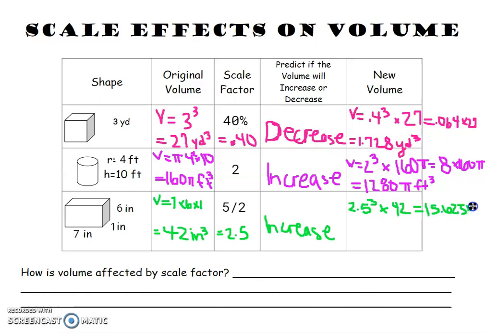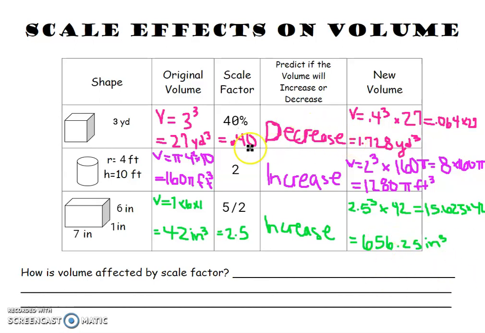And guys, you don't have to simplify it. You can just plug it into a calculator like this, and you'll get the same thing. I just want to show you all the steps. So we multiply this out, we get 656.25 inches cubed.